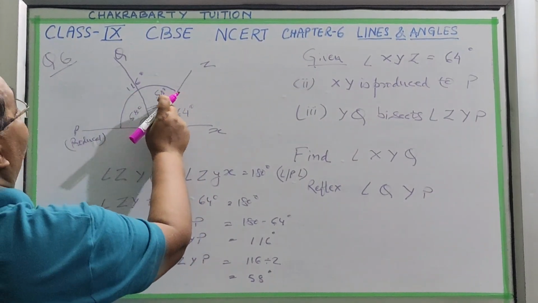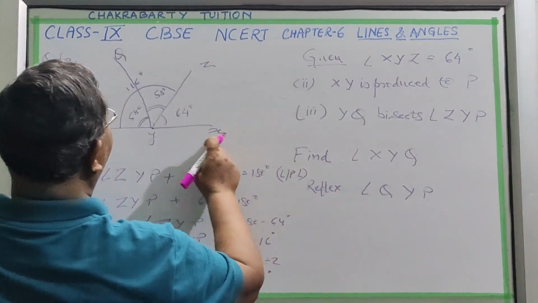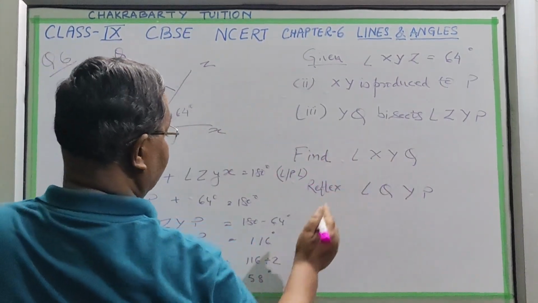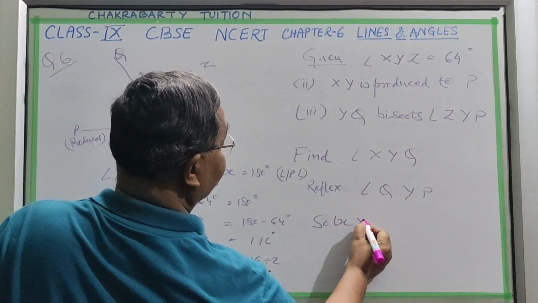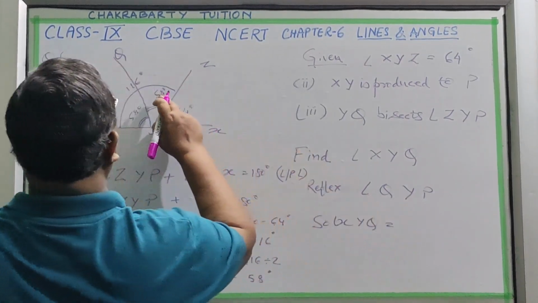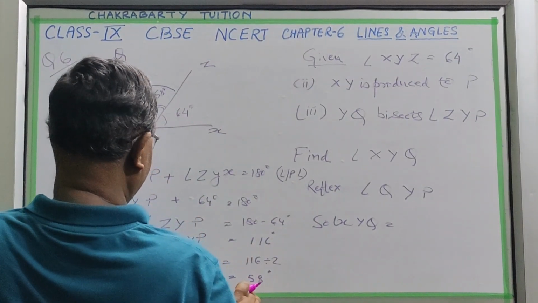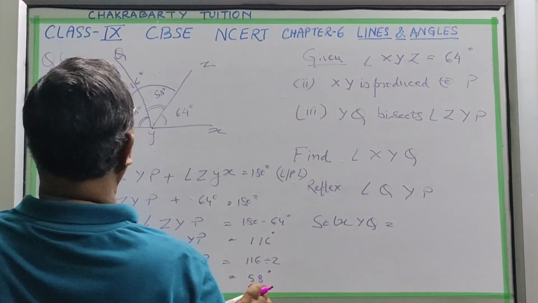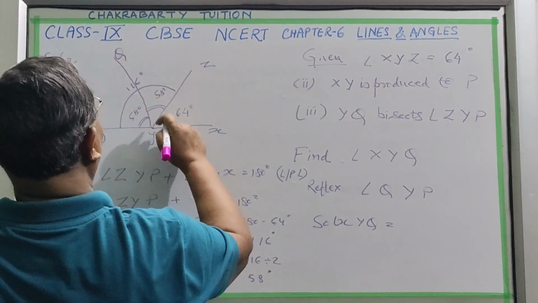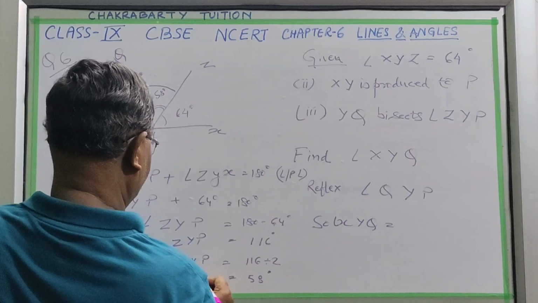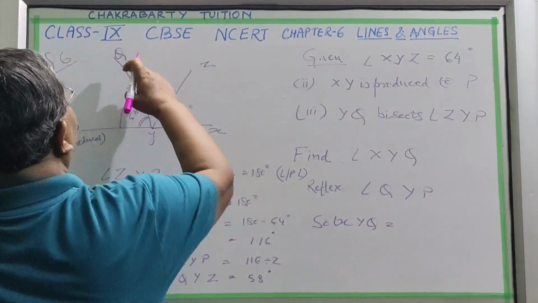Now you have to find XYQ. So angle XYQ is how much? Half ZYP is equal to 58, so angle QYZ is 58.